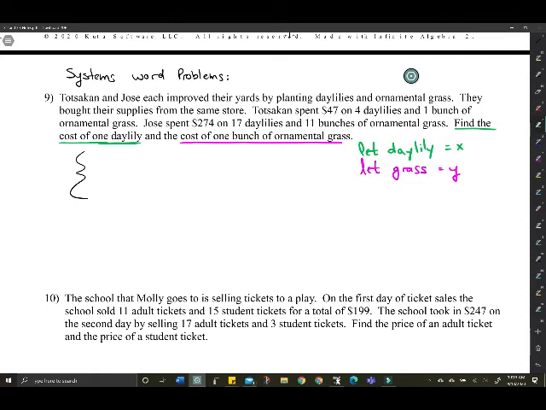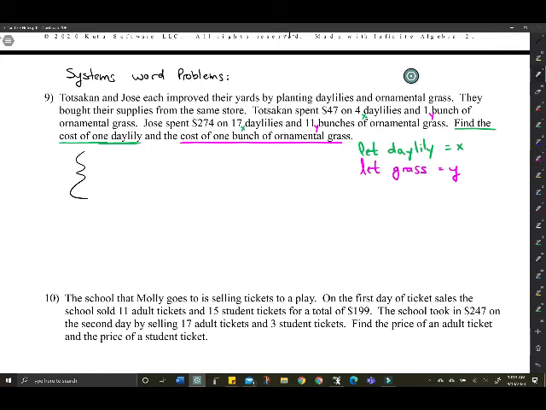So $47 on 4 daylilies. I know daylilies is x. And 1 bunch of grass, that's y. Next up is $274, 17 daylilies, x. And 11 bunches of grass, y. And let's just look at the 2 other bits that we have.